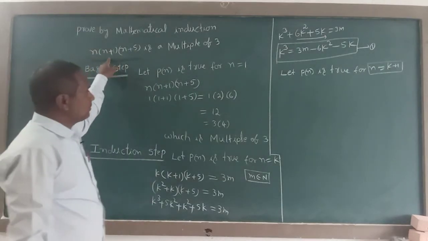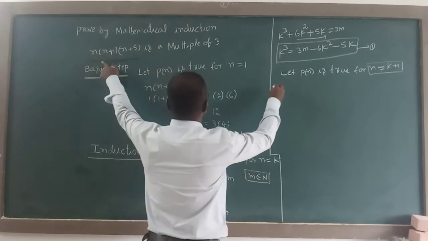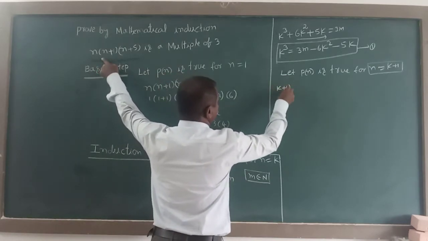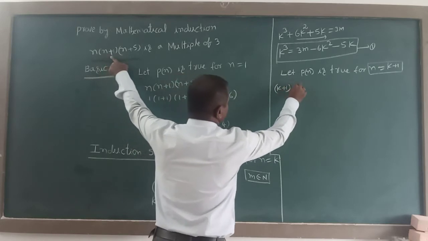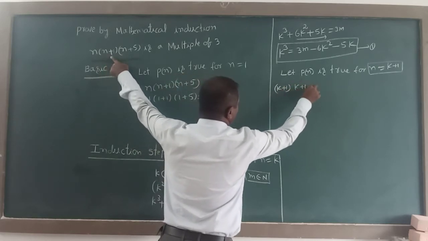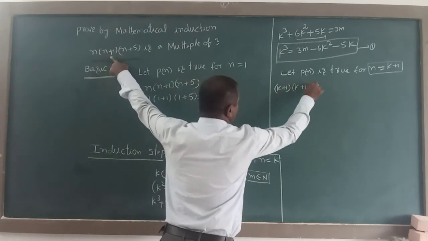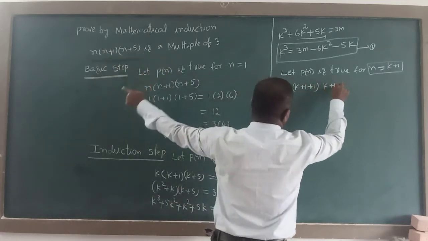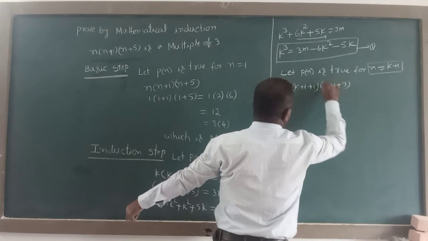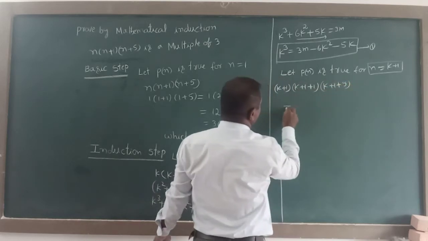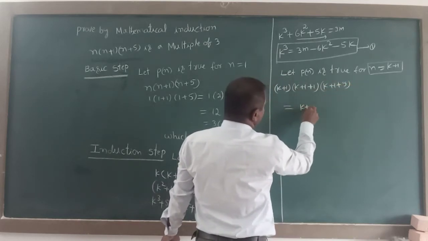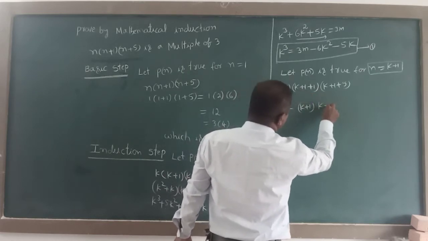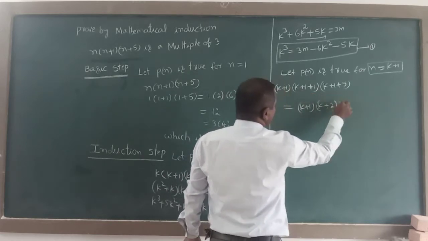Instead of n, directly we substitute k plus 1: k plus 1, next k plus 1 plus 1, next k plus 1 plus 5, is equal to k plus 1 into k plus 2 into k plus 6.